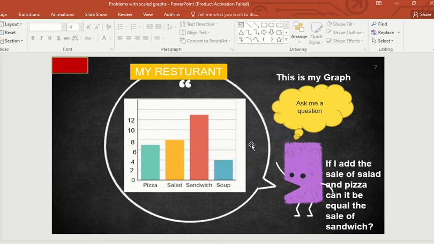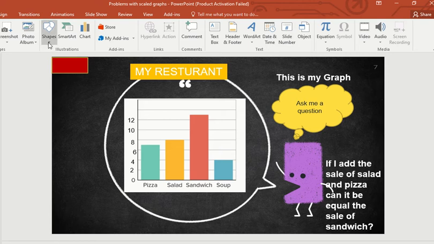This is my restaurant. Welcome. And I have a question from my restaurant. What is my sale? This is my sale graph actually. What is my sale for pizza? 6? No, not 6. It's a little bit above 6, which is 7. What is it for salad? Let's write it here.